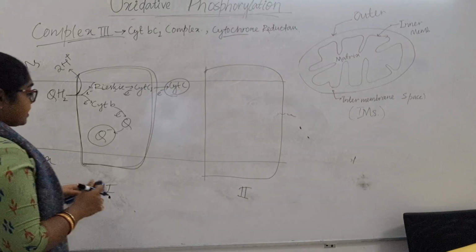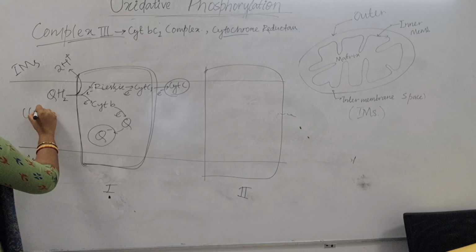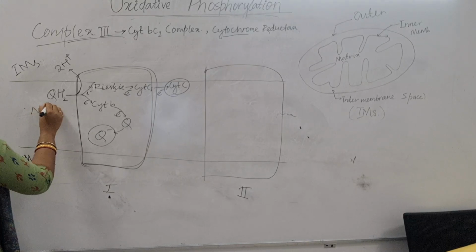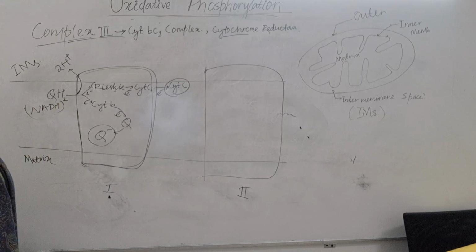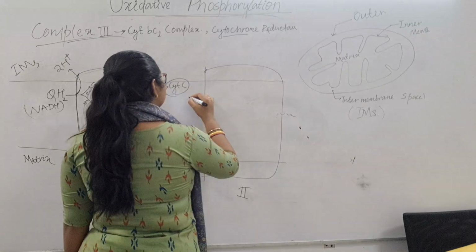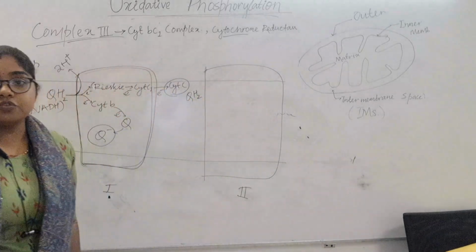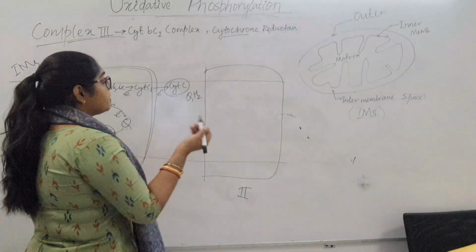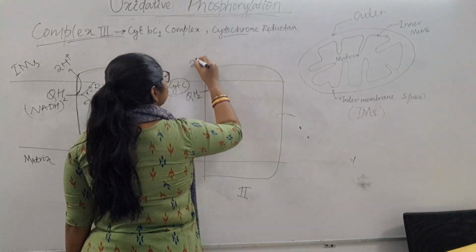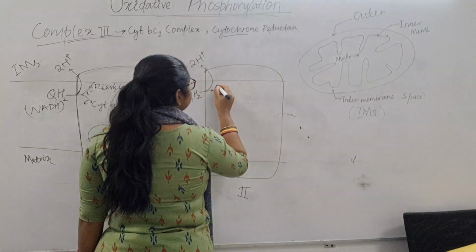Now in the second step, it uses the ubiquinol from FADH2 or complex 2. Ubiquinol again comes and removes 2 protons to the intermembrane space and produces 2 electrons.